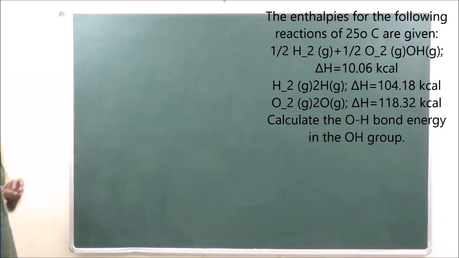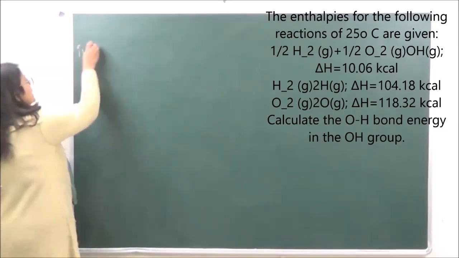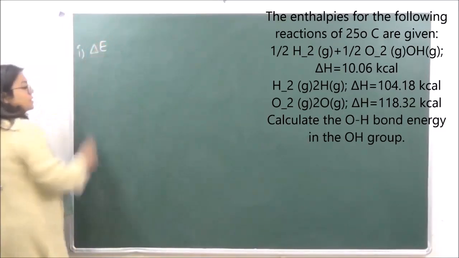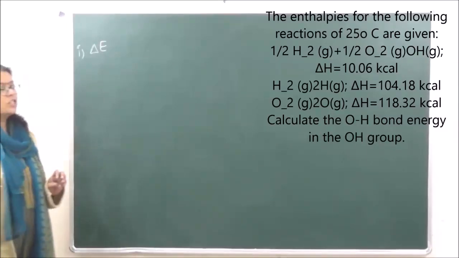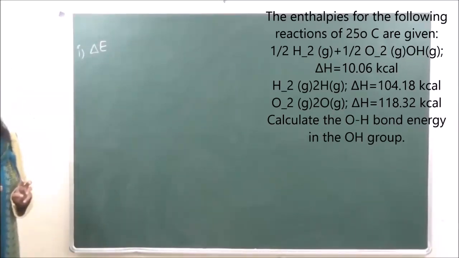So first we will calculate delta E, that is the energy change at constant volume. That will be given as what?